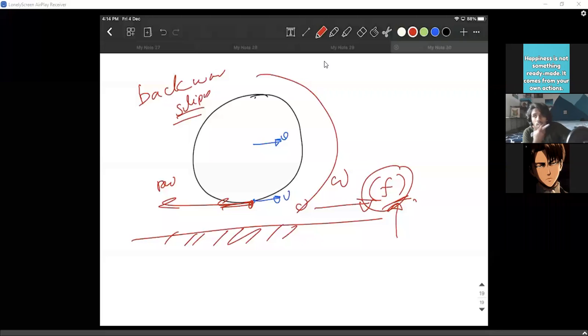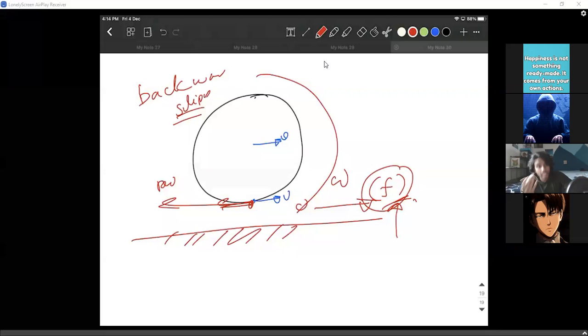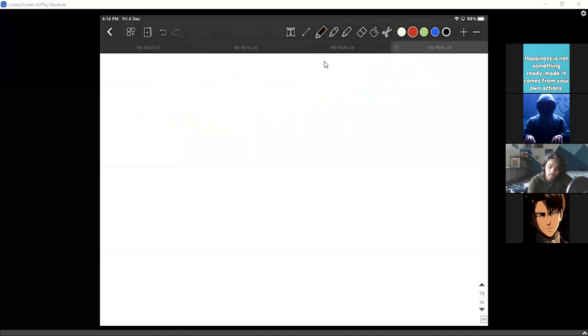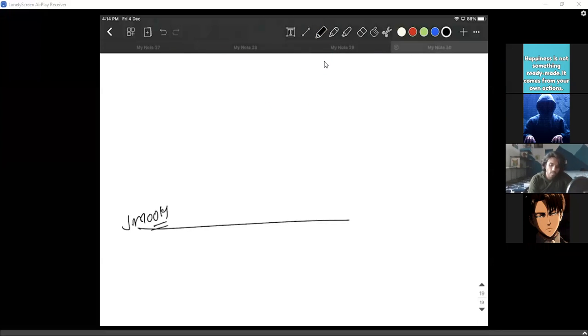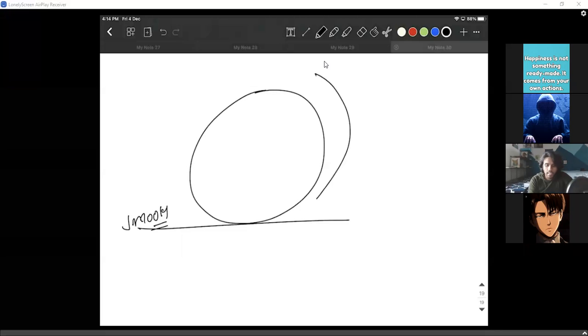Yeah, exactly, on a smooth surface. If the surface is very smooth, the car tries to give a lot of omega. There is no V. The V is very little or zero. So the bottommost point clearly has r omega in the backward direction, but there is no friction created.